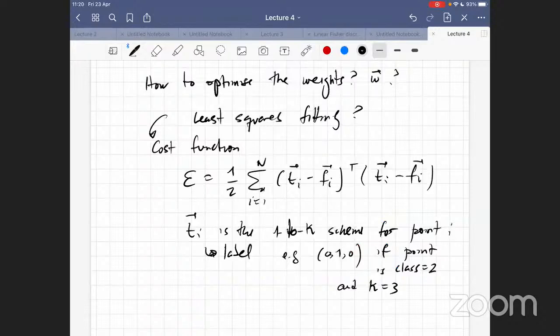While this guy here is just, for each class, you have one function, no? As I was writing above. Is there any question so far?